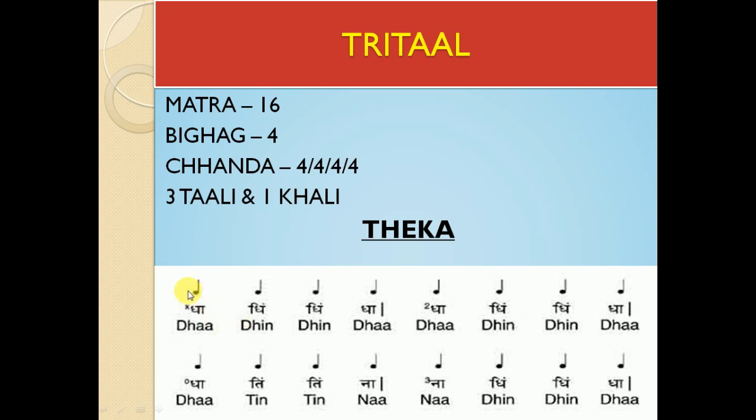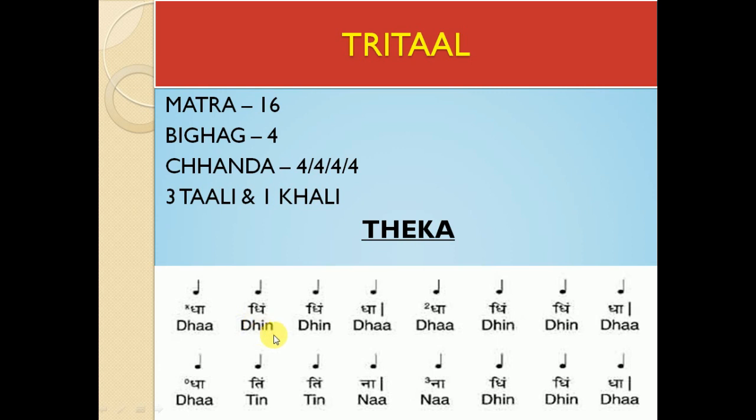How? Let us analyze again. 1 tali cross, another tali 2, and then let us find for another number. Yes, we have this number 3, and the bol is na. Okay, and those bols which do not have any numbers are done with your fingers.